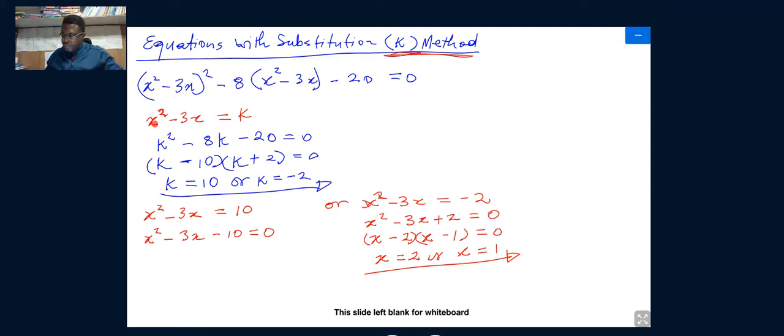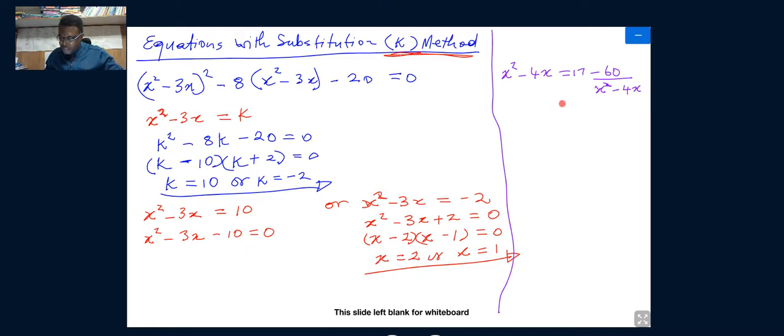Let me show you. I'm going to write it in a different pen, purple. Yeah, it's dark enough, you can see. Right. So you may have a problem of this nature. x squared minus 4x equal to 17 minus 60 over x squared minus 4x.